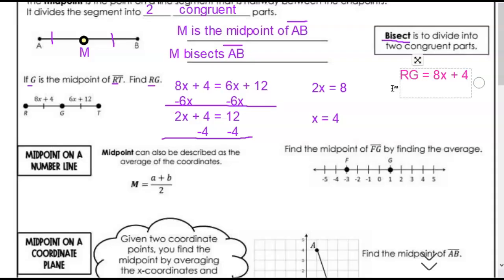But I already know what x is. What is x? 4. So 8 times 4 is 32, plus 4. What's 32 plus 4? 36. So this is your answer.